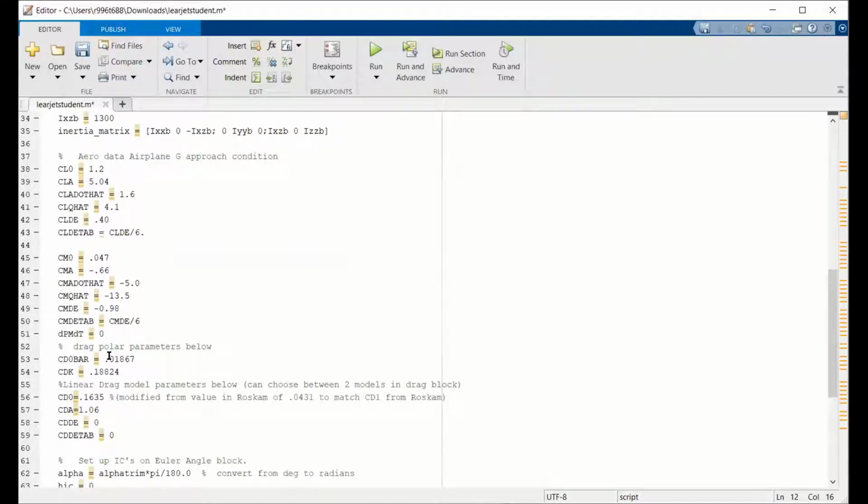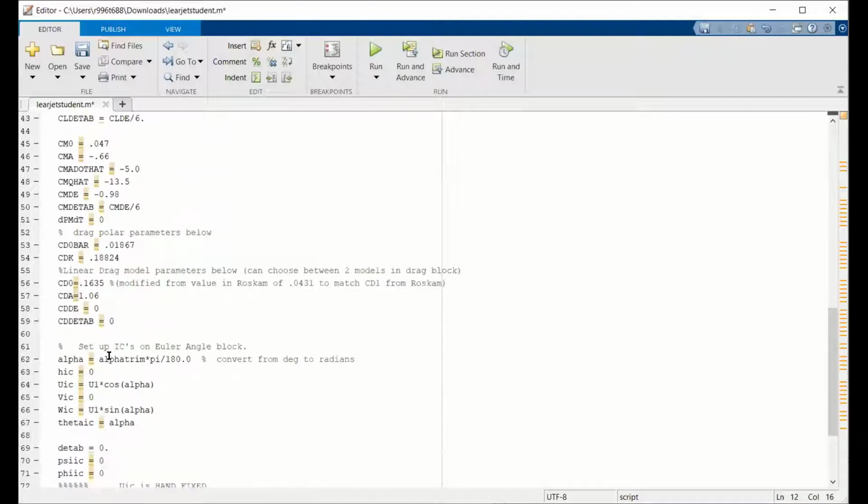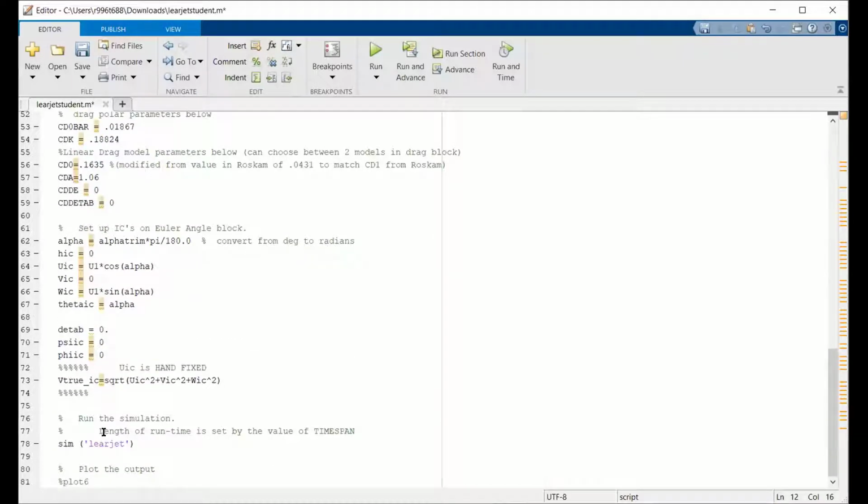So it's going to feed forces and moments into the full nonlinear equations of motion, including your trim elevator and trim thrust. And then it's going to run that forward in time. It's going to numerically integrate it like I showed you before in the MATLAB script or the MATLAB block that we looked at. And it does that by calling this Learjet model file down here. So that's why you need that file.